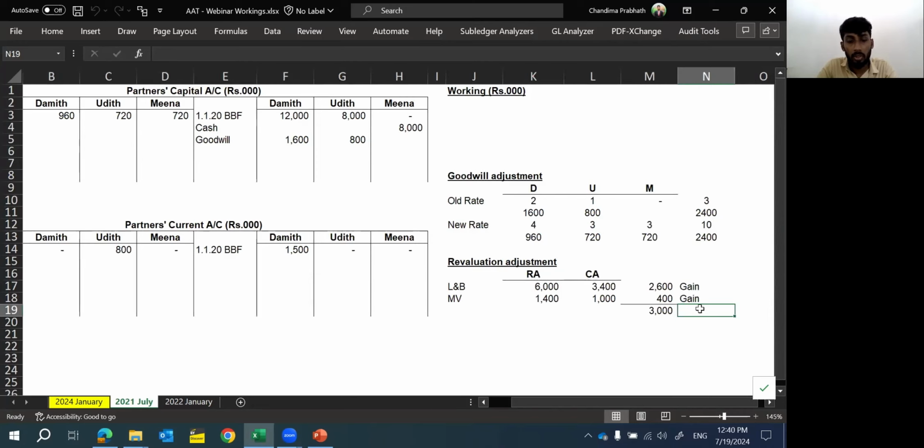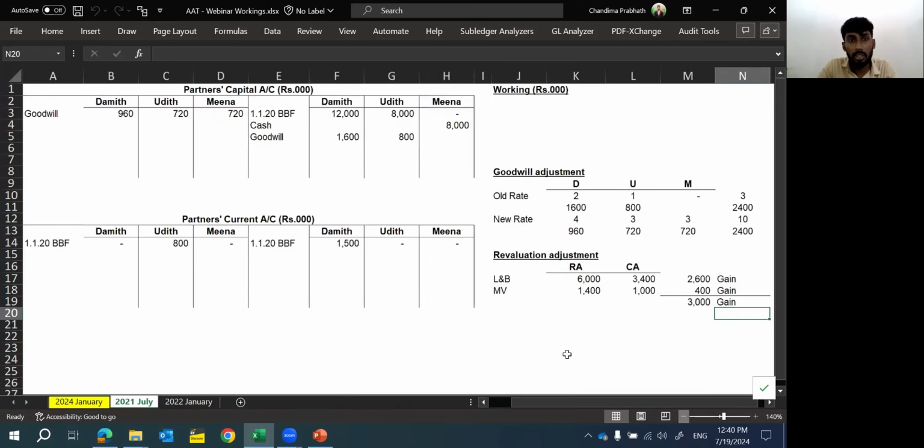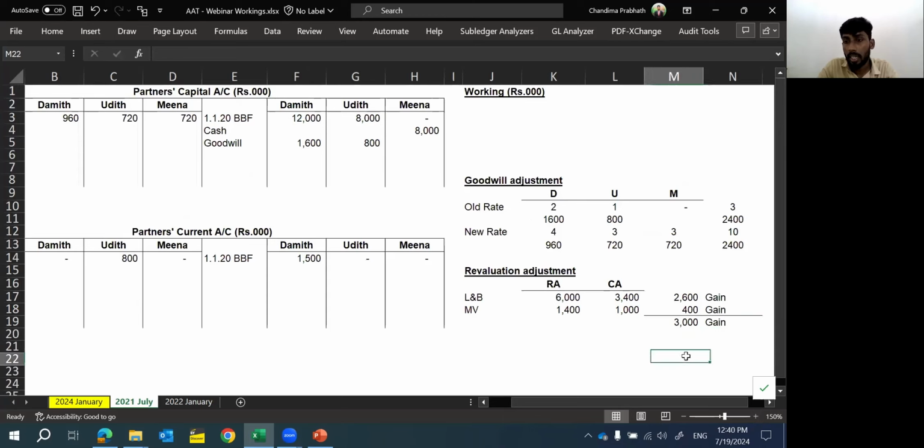Now this total gain needs to be split in the partners' capital accounts based on the old rate. You can watch the recording, I clearly mentioned that.